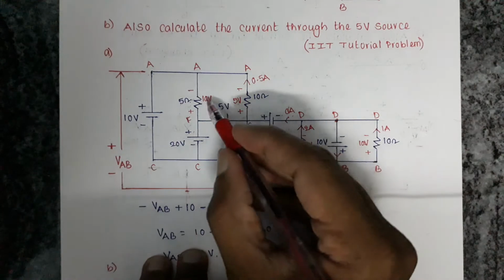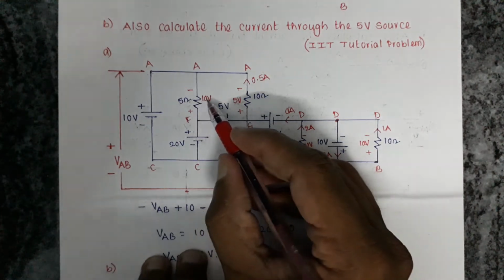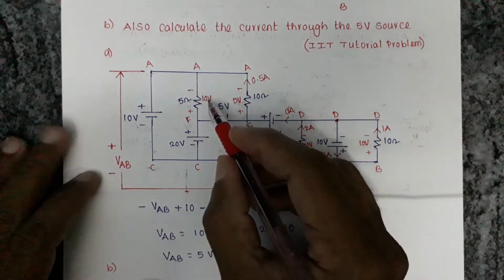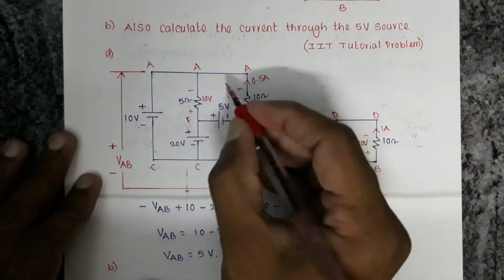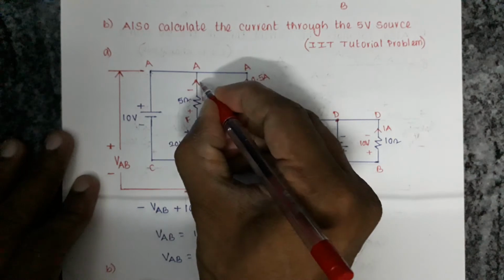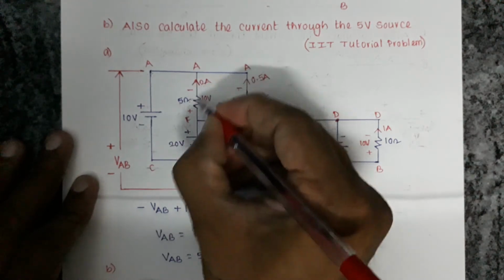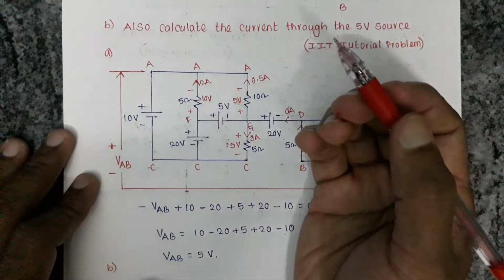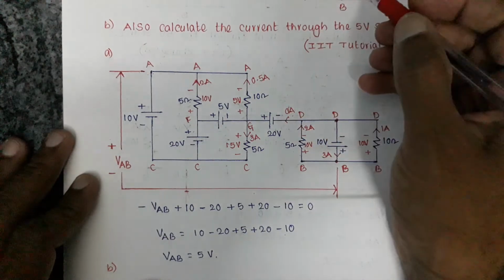And here V by R is the current, 10 by 5 is 2 amperes, and that 2 amperes comes like this because current enters at the positive terminal in the resistor.